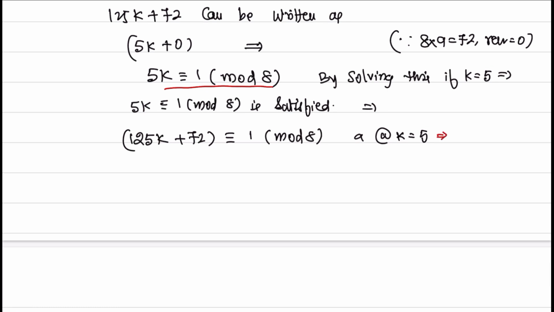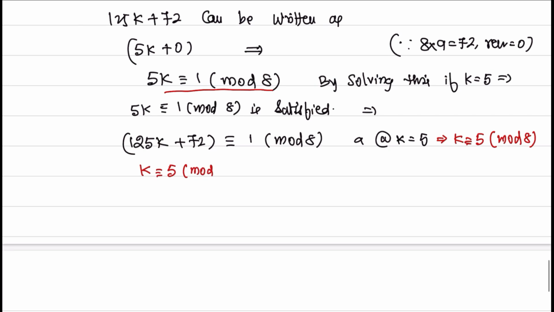It implies k is equal to 5 mod 8. K equivalent to 5 mod 8 implies k is equal to 8m plus 5, from this equation.